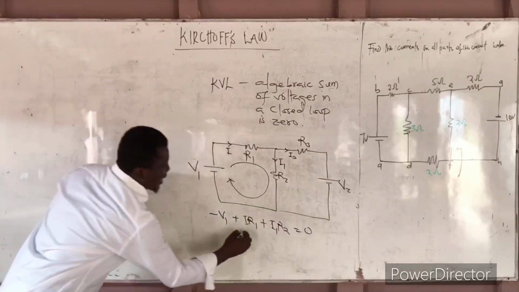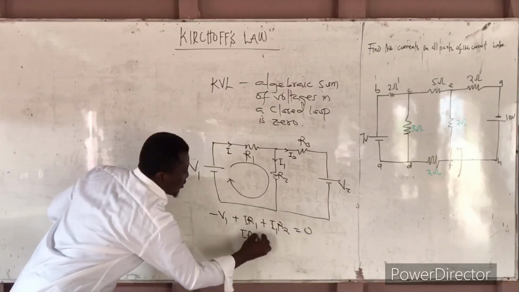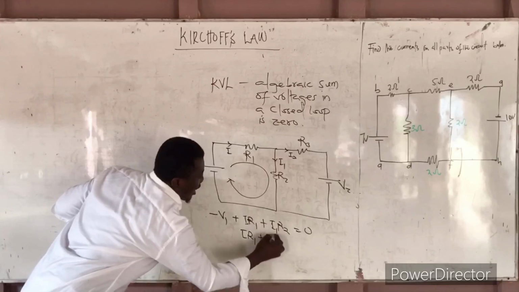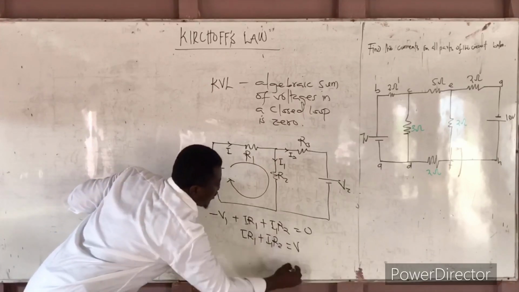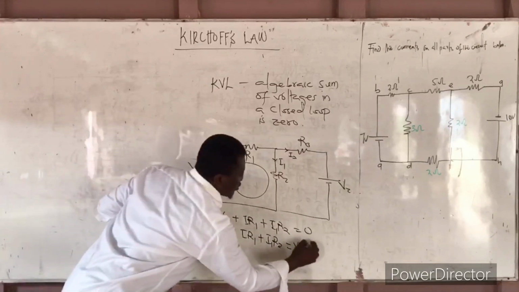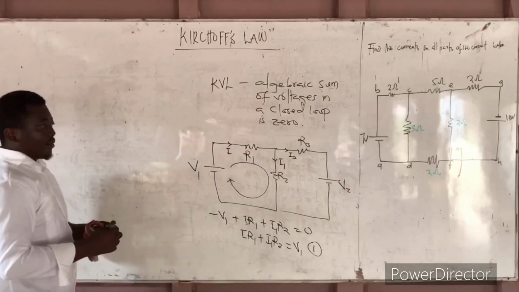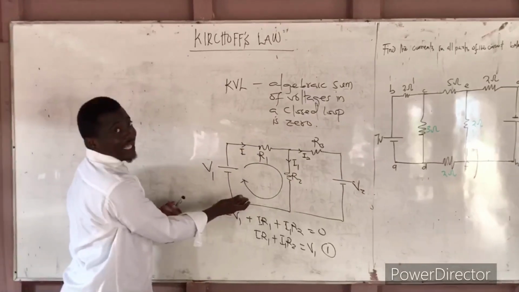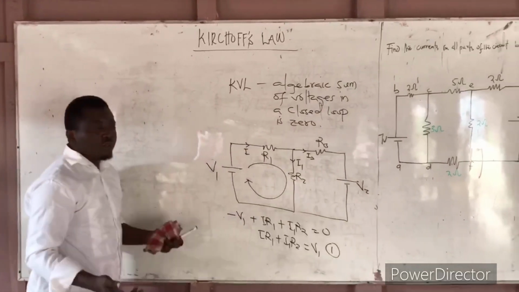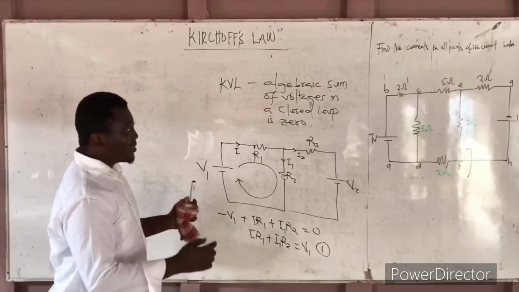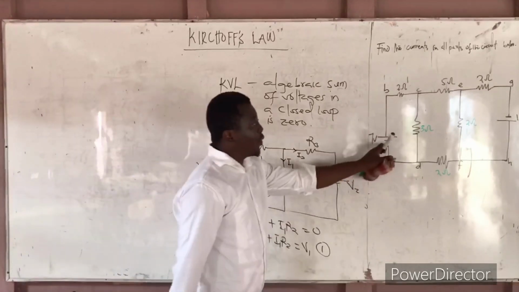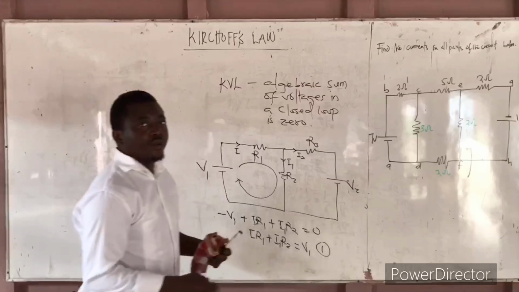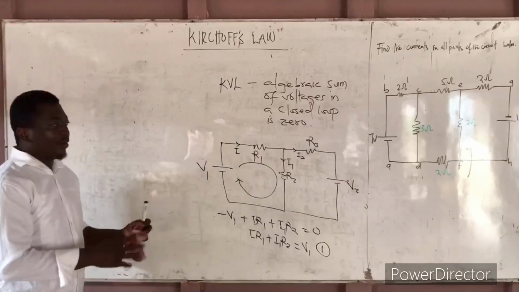So at the end, you get I R1 plus I1 R2 is equal to V1, and that becomes your equation 1. So that is the KVL that I've done over here. If you want to really understand this very well, we will use this example to explain the whole thing again.